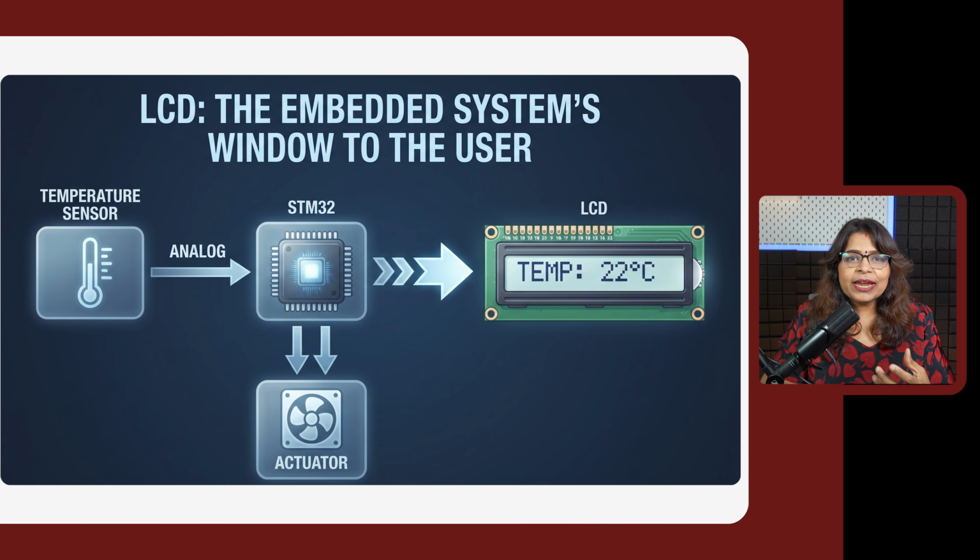There should be some way to tell the user, the world, the output of that process, the result. So in a microcontroller or an embedded system, we use an LCD. The LCD is a commonly used output device for displaying messages, numbers, or whatever you want to display.